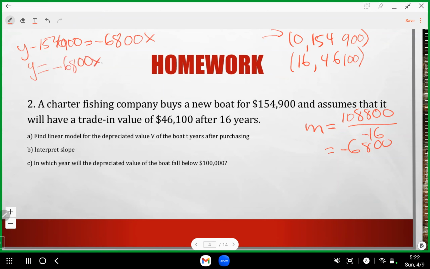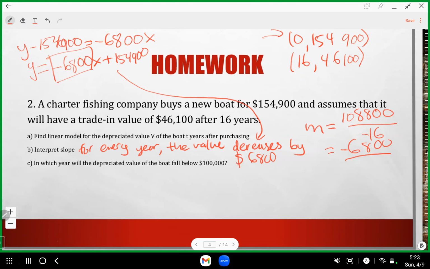So for every year that passes, the value decreases by $6,800.